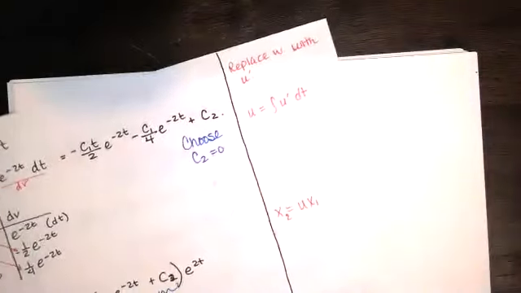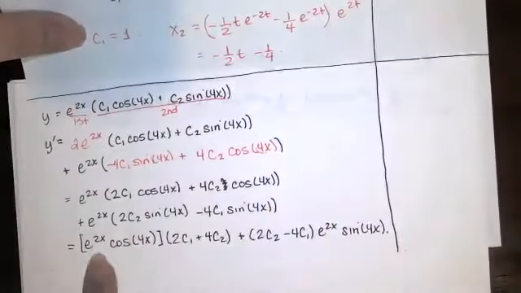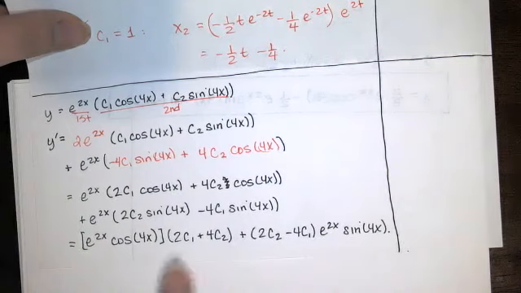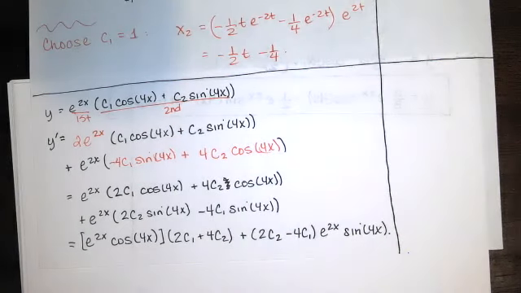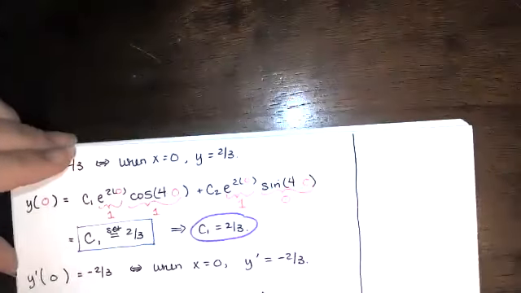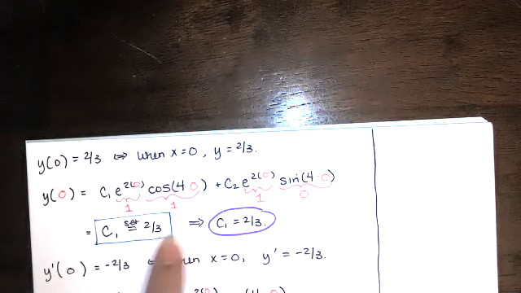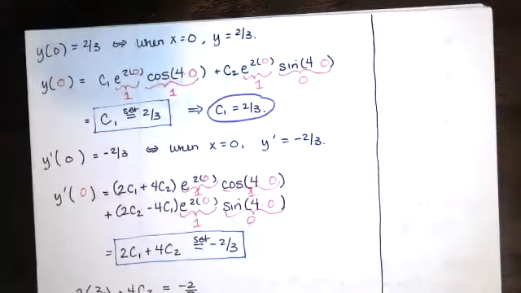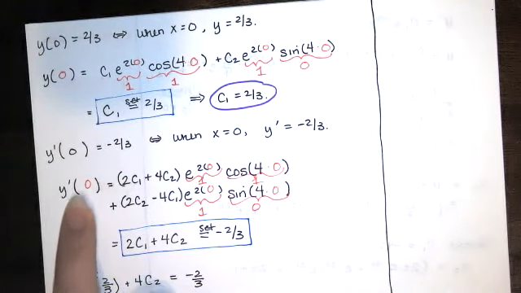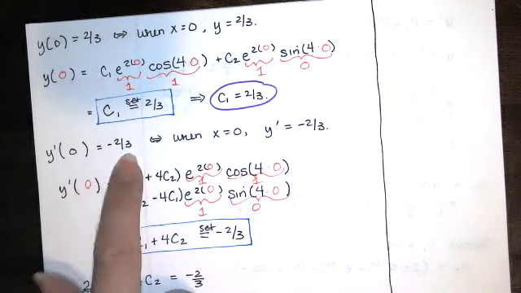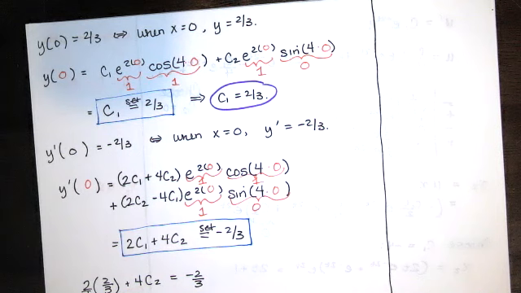Well, when we computed y prime, we got this. And once we have y and y prime, we evaluate y at 0 and set the result equal to 2/3. That gives you one equation. Then you evaluate y prime at 0 and set the result equal to -2/3, because that's what the second initial condition told us to do.